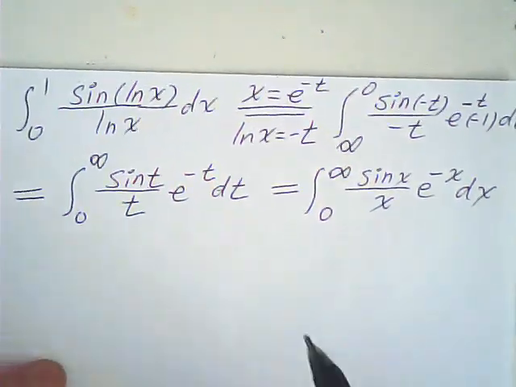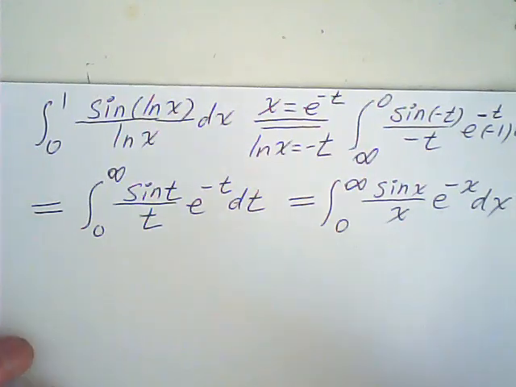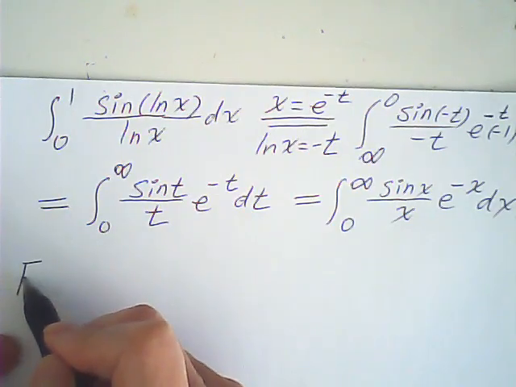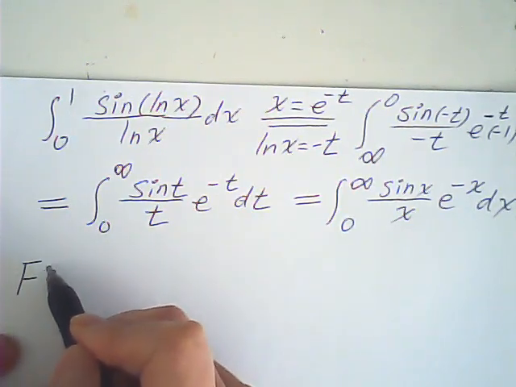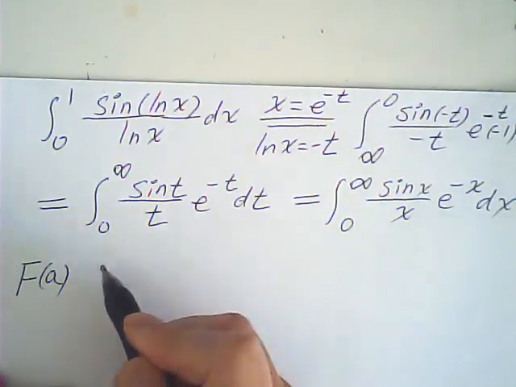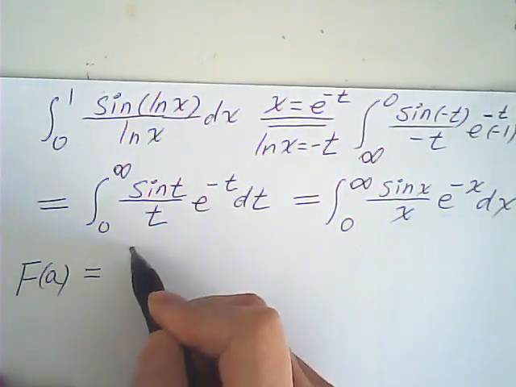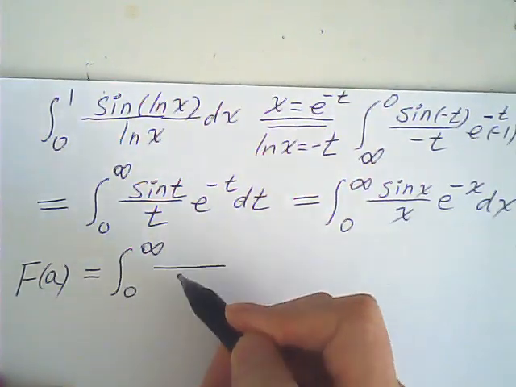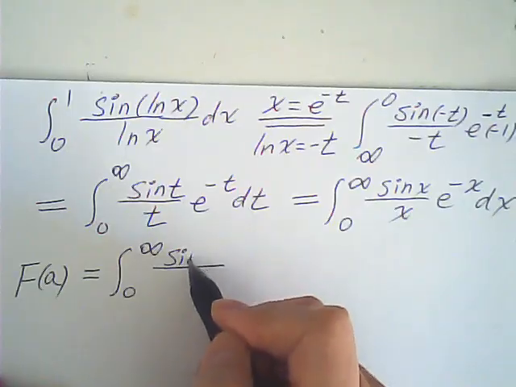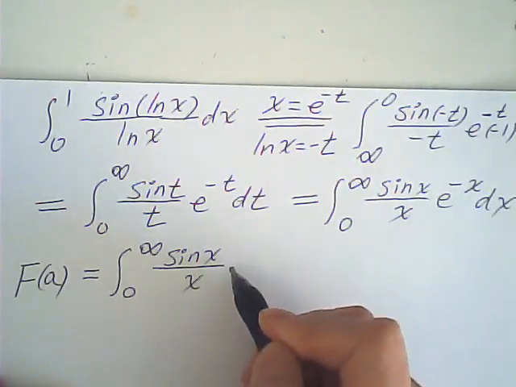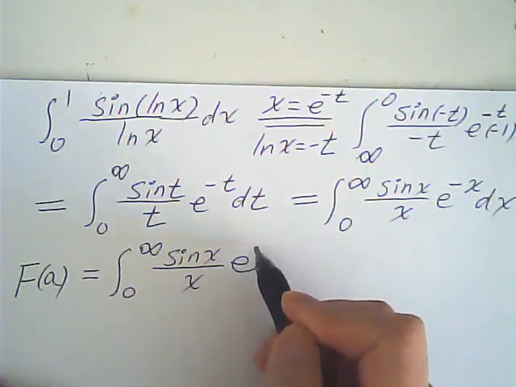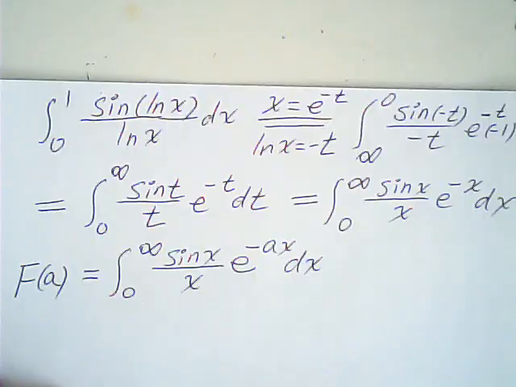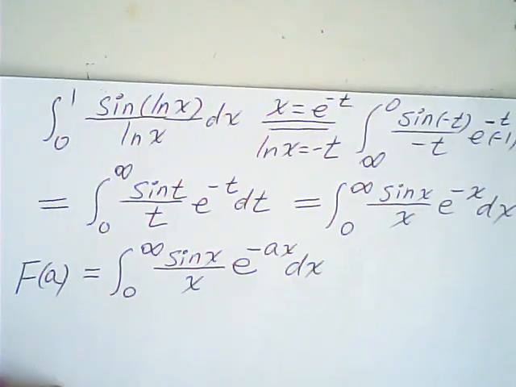Now then I'm using the Feynman trick. I establish a function f of a as the integral from 0 to infinity of sine x over x, e to the negative ax, dx.